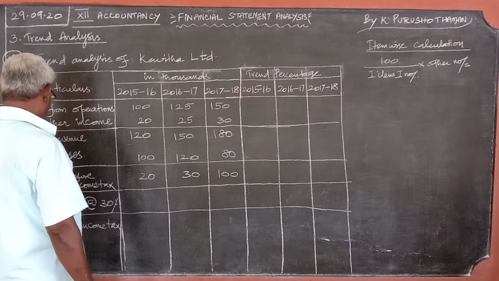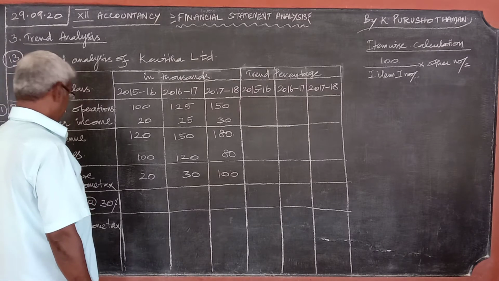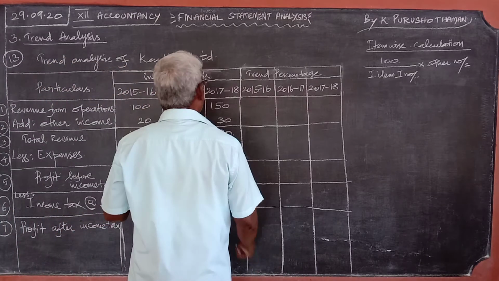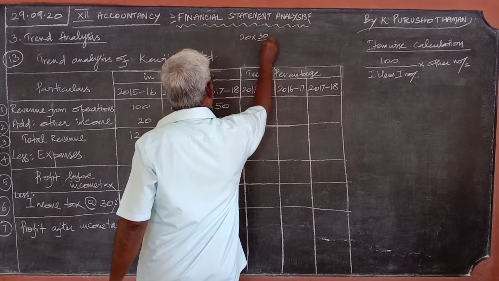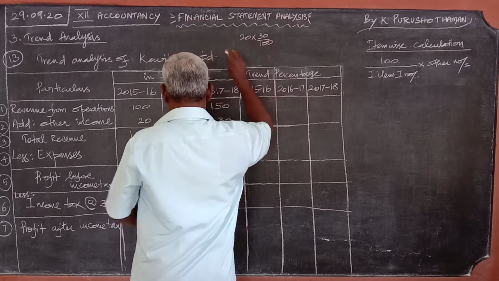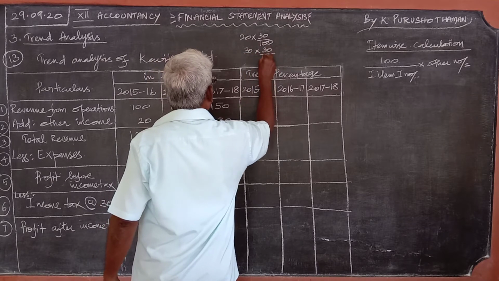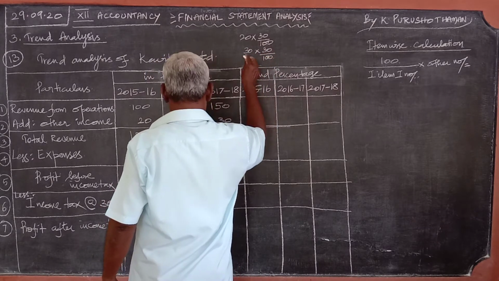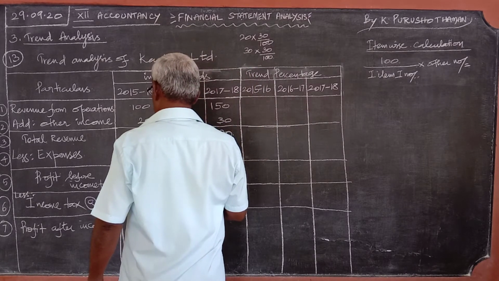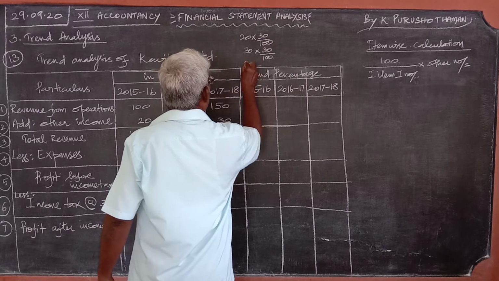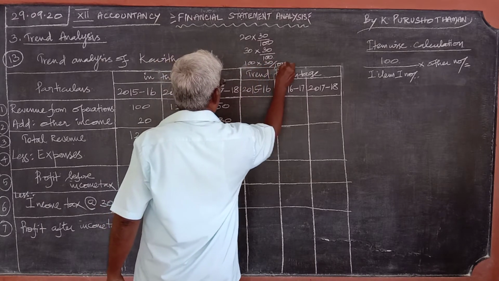For this, we should deduct the income tax at 30%. And what is this? 20 into 30 by 100. The next one, 30 into 30 by 100. And the fourth one, 20, 30 and 100: 100 into 30 by 100.